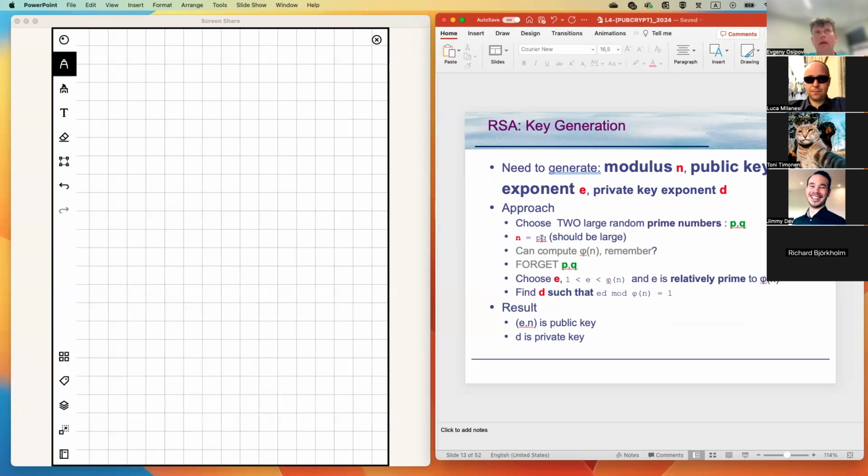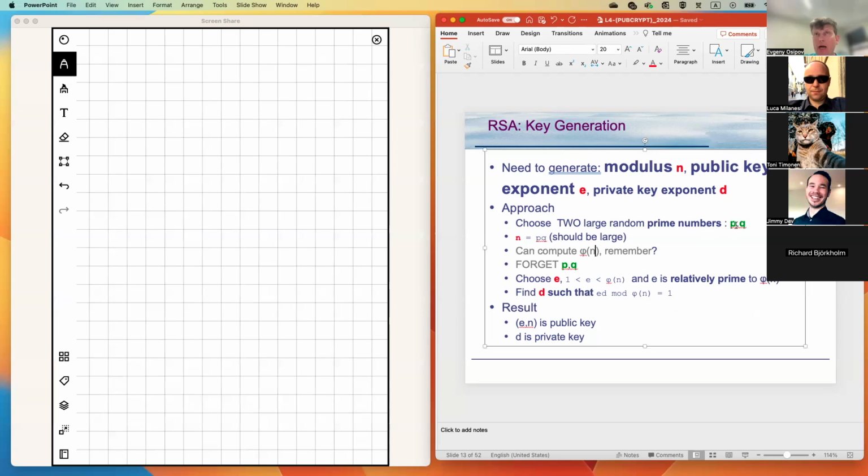Then you use these two numbers also to compute a special number, which is called the totient function, which counts the number of relatively prime numbers with P and Q correspondingly.